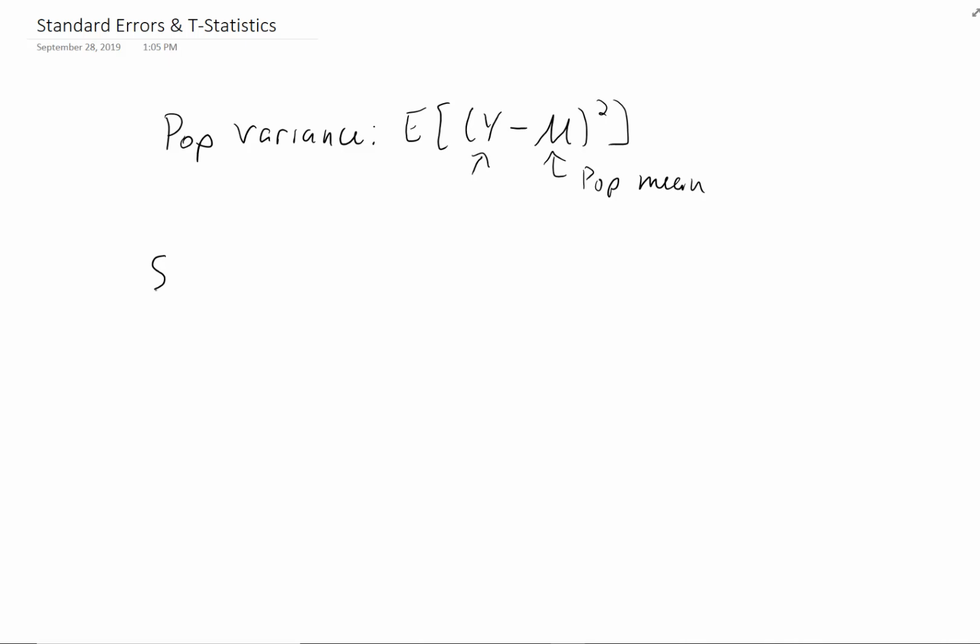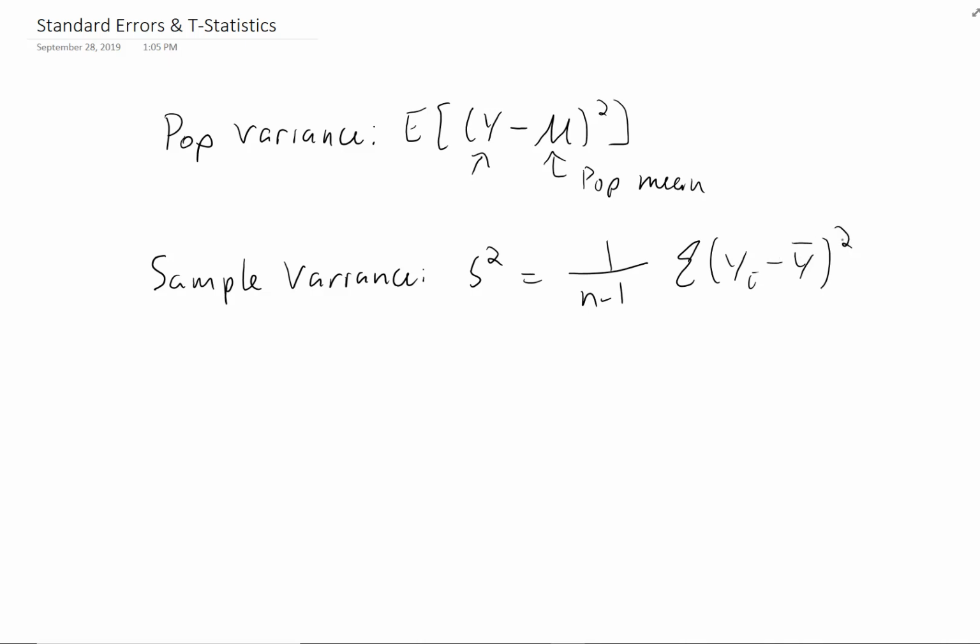So we calculate something called the sample variance. This is like a natural estimator for the population variance. We usually denote that s squared, and that equals 1 over n minus 1, then we sum up all the observations in our sample, subtracting the mean, and then squaring that, i equals 1 to n.